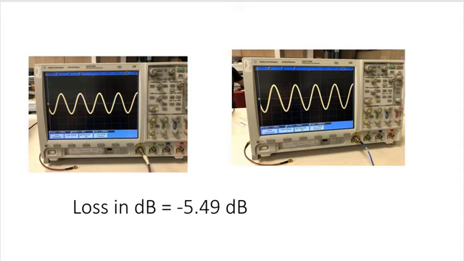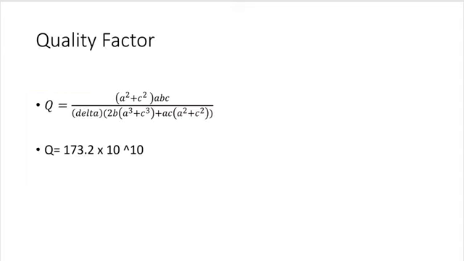For the next step, I have calculated my quality factor by this formula. This formula works only for T101 mode, which is the mode that I am using now. The quality factor is 173.2 multiplied by 10 over 10.